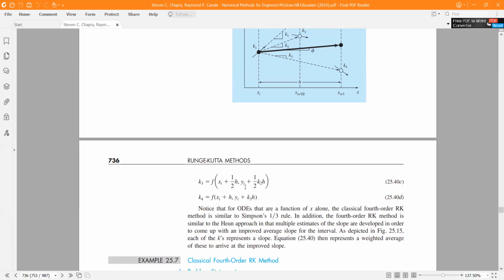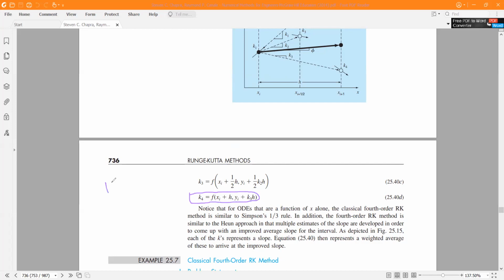That means we are calculating y by using the slope that we calculated in the earlier step, K2. In this way, K3 is calculated. So your K1 is involved in K2, and your K2 is involved in K3, and your last slope is calculated in this way with full step size using the value of K3.